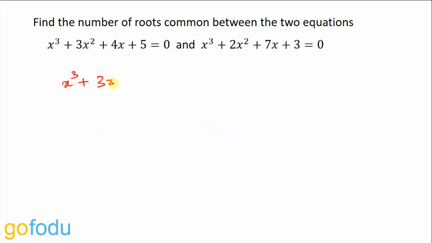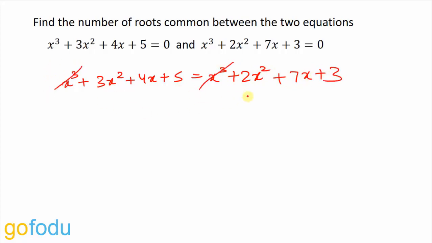X cube plus 3x square plus 4x plus 5 is equal to x cube plus 2x square plus 7x plus 3. X cube and x cube get cancelled. X square minus 3x plus 2 is equal to 0. So I have to break this minus 3 into two numbers whose product is 2.